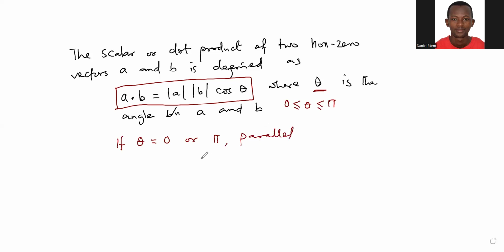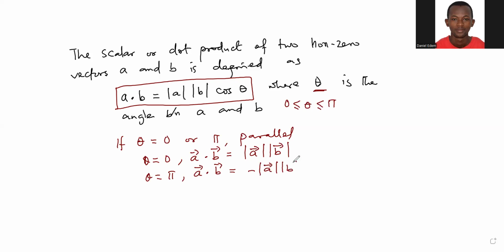And if they are parallel, if theta is equal to 0, then the dot product is just equal to the magnitude of A times the magnitude of B. If your theta is equal to pi, then your dot product is minus the magnitude of A and the magnitude of B. So you take note of that.